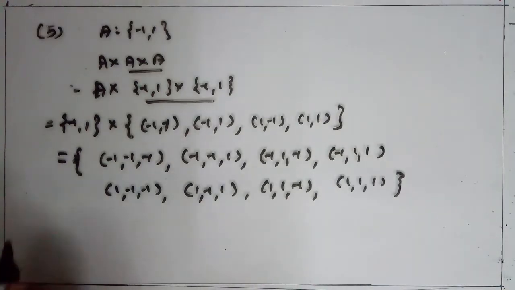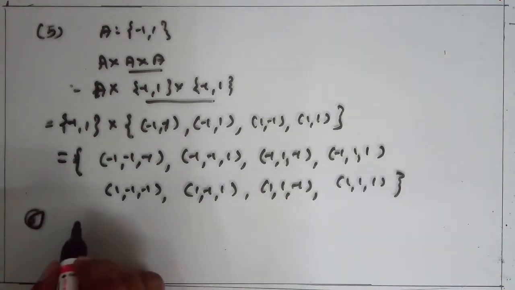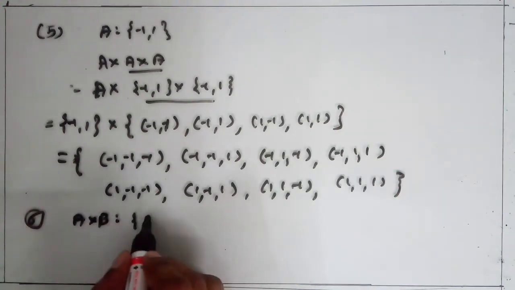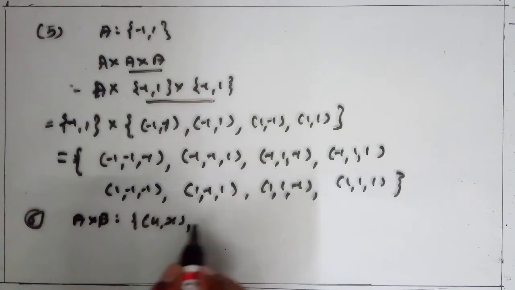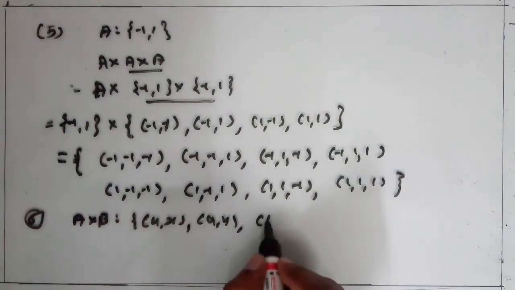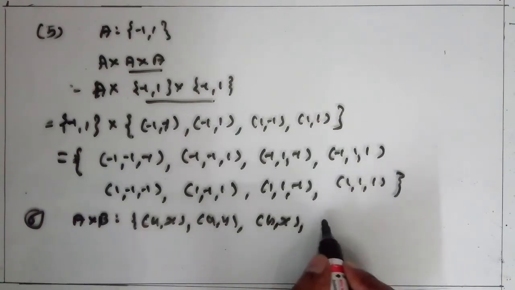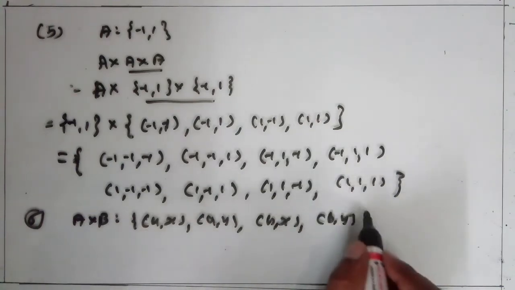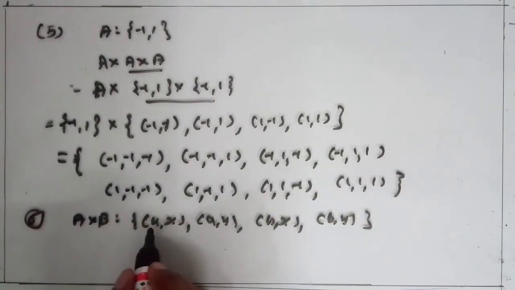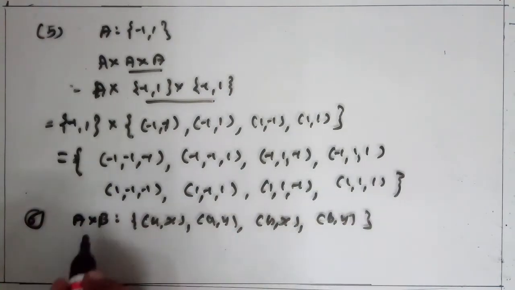Now question number 6. A cross B is given: {(a, x), (a, y), (b, x), (b, y)}. Find A and B. We know that the first element is an element of the first set.